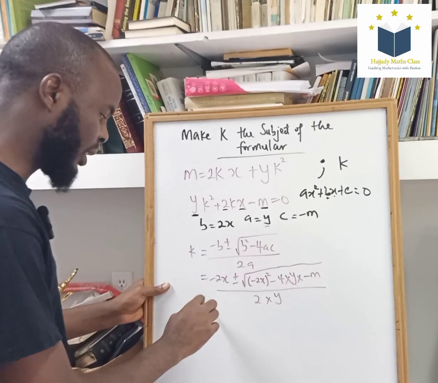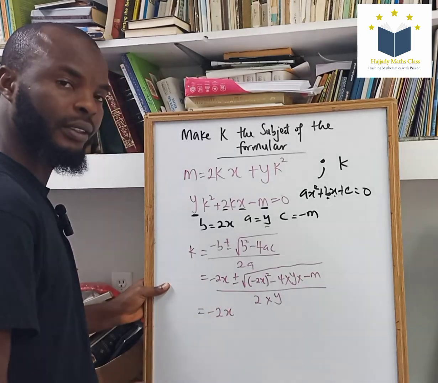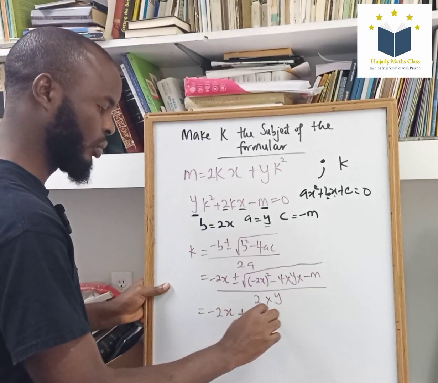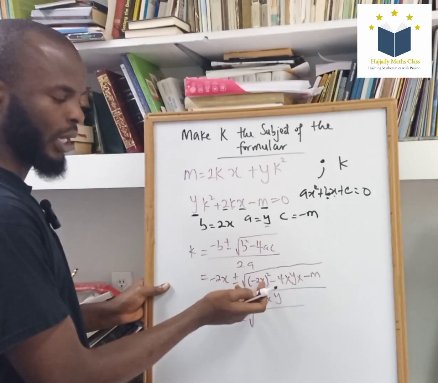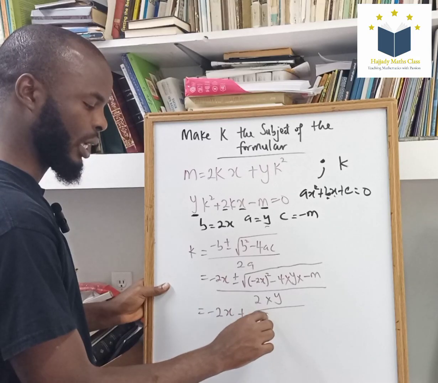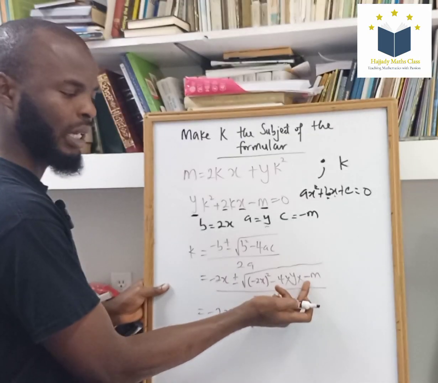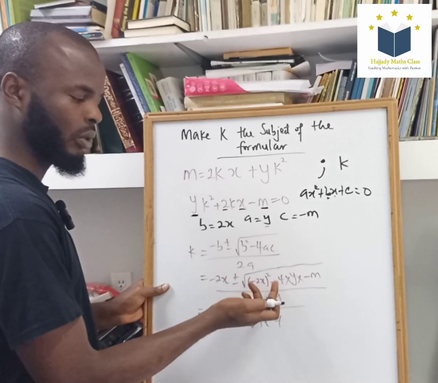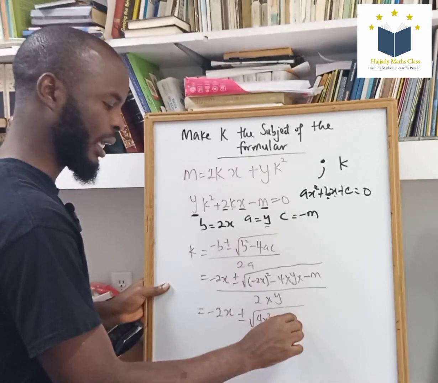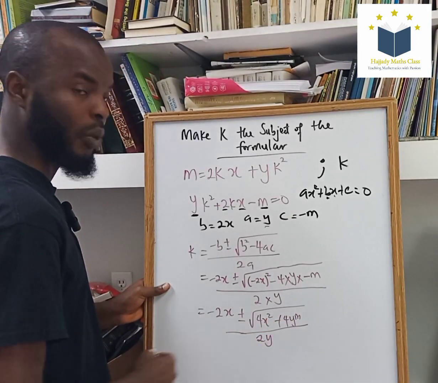Solving this further, we're going to have negative 2x plus or minus root, negative 2x to the power of 2, which is the same thing as 4x squared. Negative multiplied by negative is going to give you positive 4 times y times m, which is 4ym, everything over 2y.